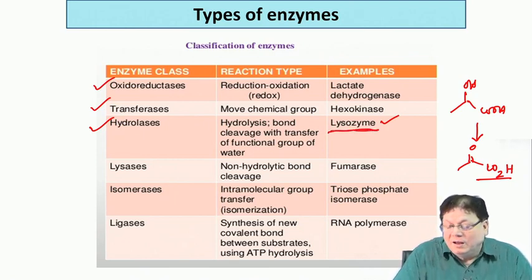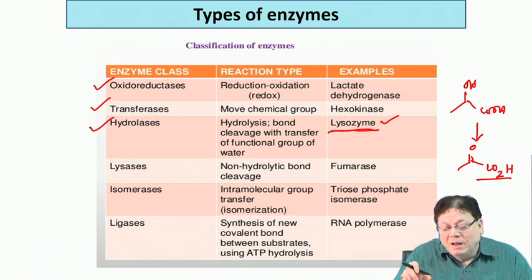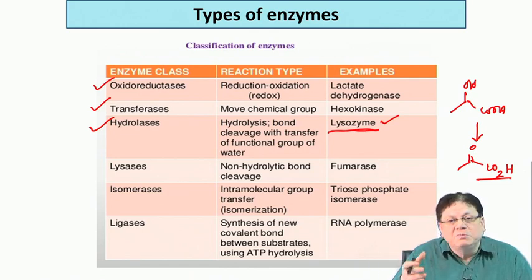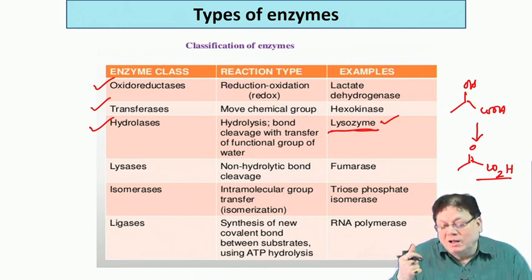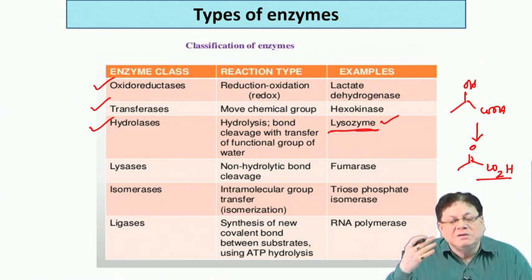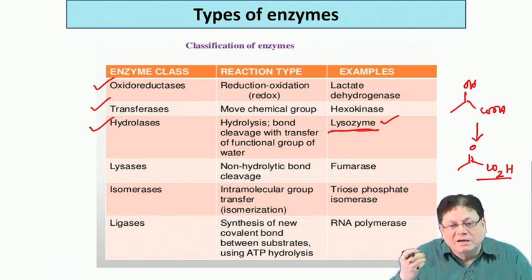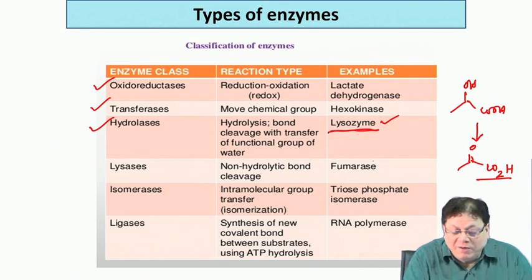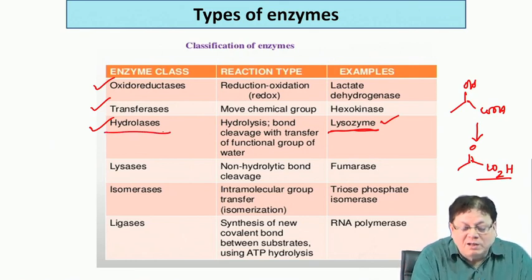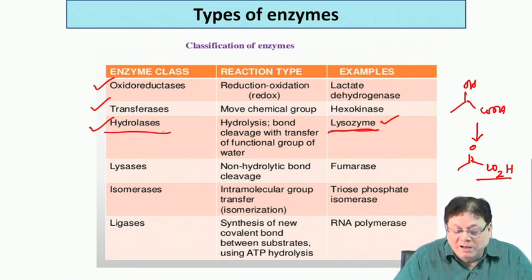Lysozyme is present in our tears. It is an enzyme which breaks bonds in bacterial cell walls, and it gives us very good antibacterial activity in the tear, in the water that is constantly washing our eyes. But anyway, hydrolases are ones which break a bond by water.